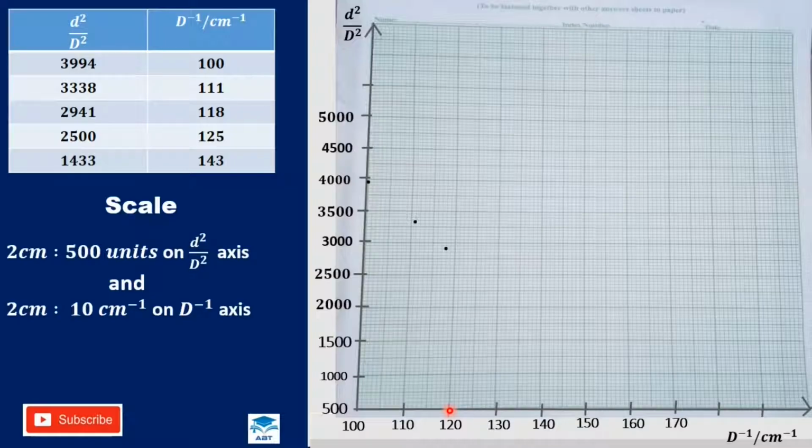So we move 5 small boxes to the right for 125. On the vertical axis we have 2500 here. For the last point, on the horizontal axis, this is 140. So we move 3 small boxes to the right for 143. On the vertical axis, 1433 will be within this small box.